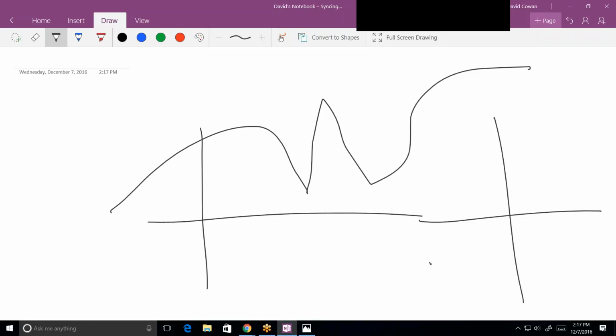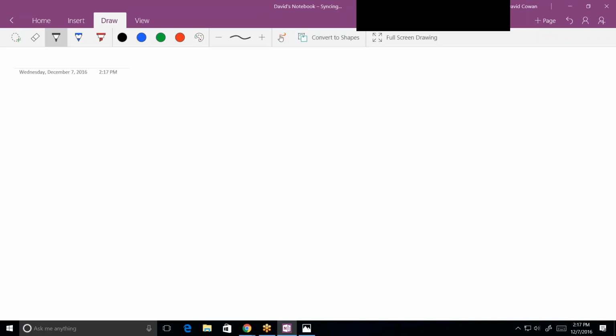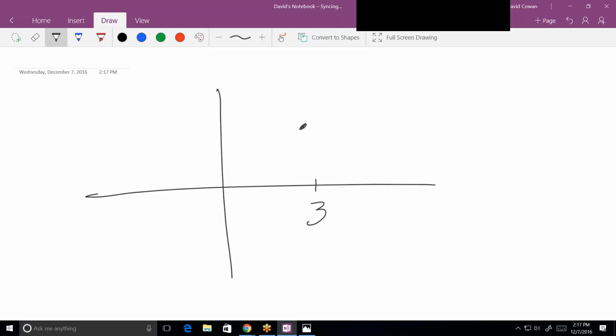If I draw this graph, I have to lift my pen up to do it. True. Okay? But the mathematical definition of continuity, let's say, are we continuous at x equal 3?